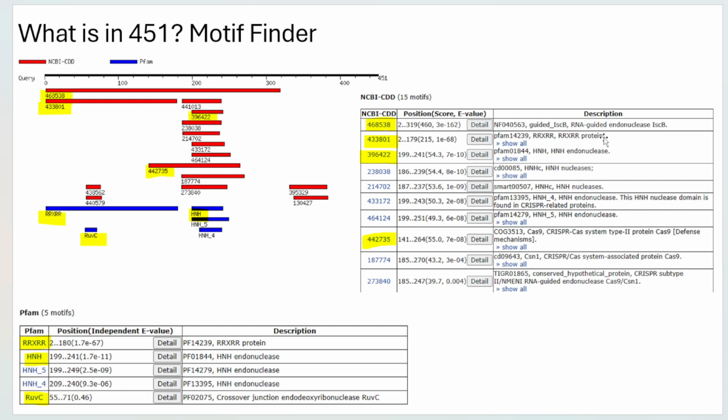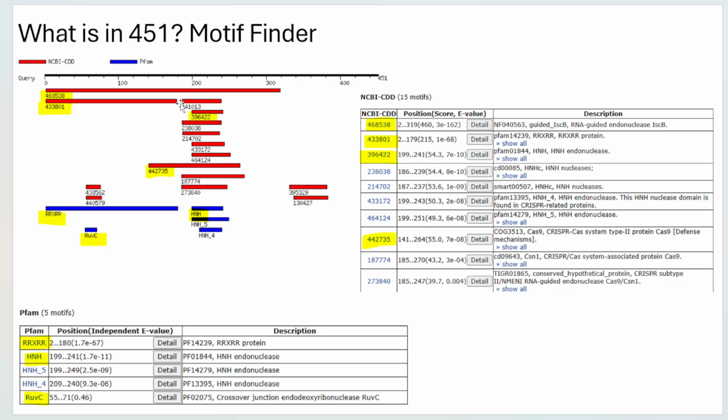So yes, there's an RuvC inside this IscB. As you can see here, 468538 covers 2 to 319. The program is essentially saying, look, there's likely an IscB within here. Great. So now we have an RuvC.